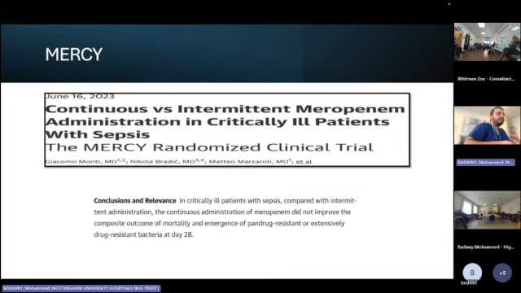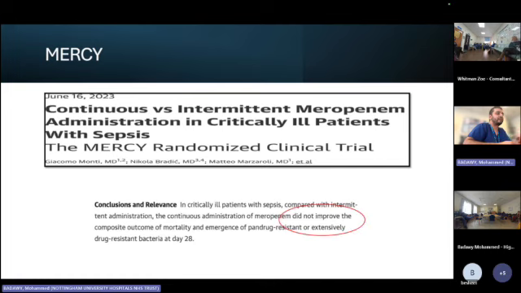And then came the MERCY trial in 2023, which studied a similar thing with just meropenem, one of the beta-lactam antibiotics, to determine whether continuous versus intermittent infusion would have any benefit. It showed a non-statistically significant improvement in outcome. So basically, continuous infusion doesn't improve the outcome.